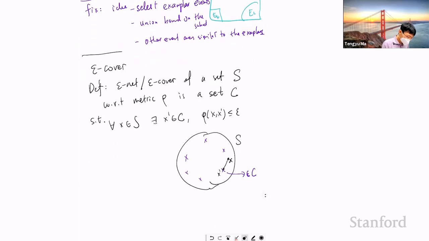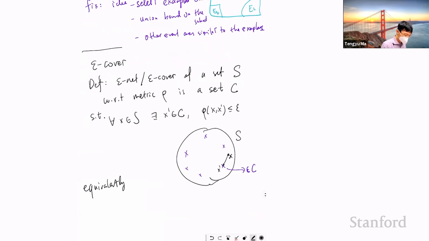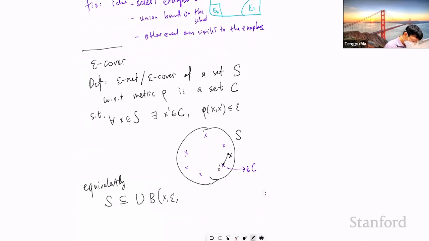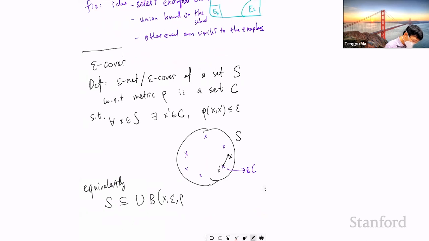Equivalently, you can also write this in the following way, which in some sense better explains why this is called epsilon cover. You can write this as S being covered by the union of the balls around all the X. Let me write it down and explain.